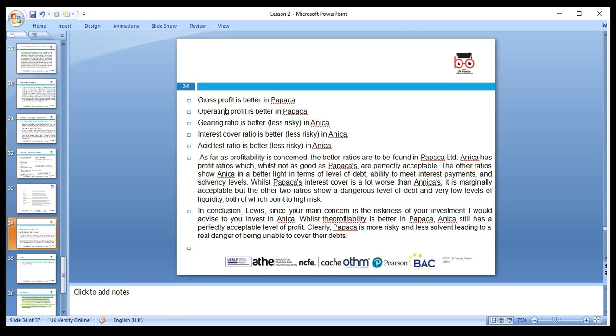Anika's interest cover ratio is high and Papika's is low, so Anika is less risky than Papika. If you are a lender such as a bank, you can give more borrowing to Anika than Papika. So you can make the decision.